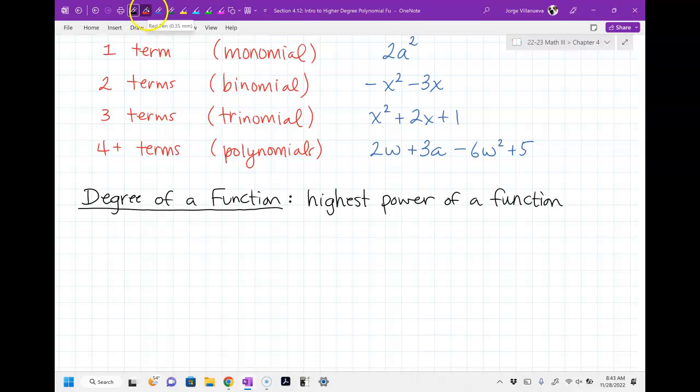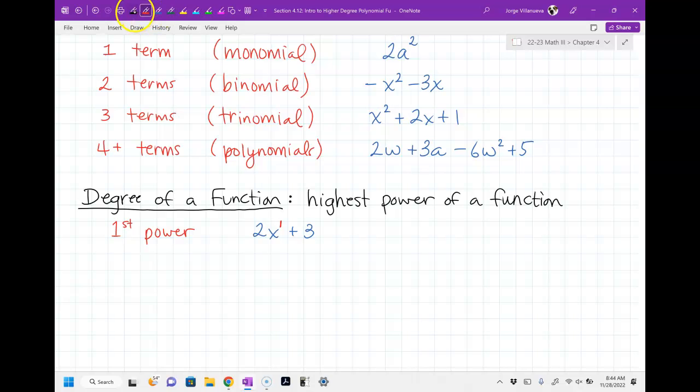So if the highest degree is a 1, so I'm going to put right here, first power. If it's a 1, so like x to the first, right? So we can do like 2x plus 3. The highest power there is a 1 because the power on the x is going to be a value of 1. We don't write it because it's a 1. Okay?